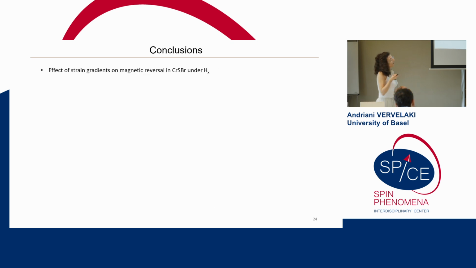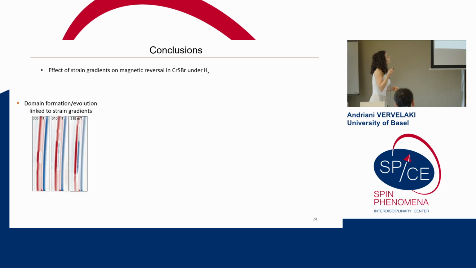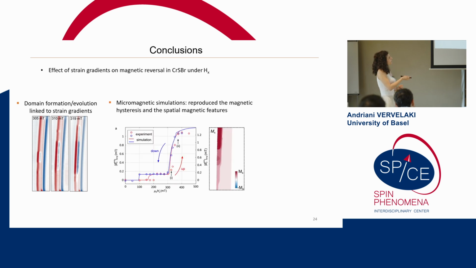Okay, so overall, we studied the effect that strain gradients have on magnetic reversal of chromium sulfur-bromide. And we could really link the domain formation and evolution to the strain gradients that were produced in the sample. By using a micromagnetic model, we reproduced the magnetic hysteresis and spatial magnetic features, giving us a bit more insight into what is happening.